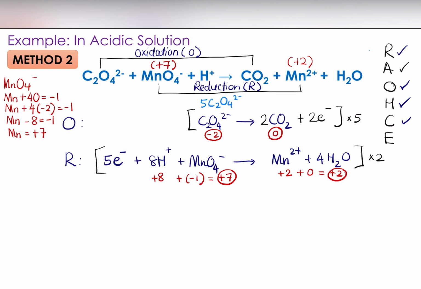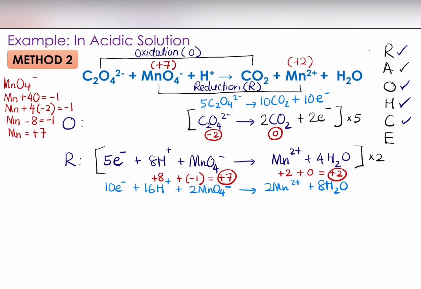Okay, so I will have 5C2O4 2 minus produce 10CO2 plus 10 electrons. And then from here for reduction, I got 10 electrons plus 8 times 2, I have 16H plus, 2MnO4 minus produce 2Mn2 plus, 8H2O.